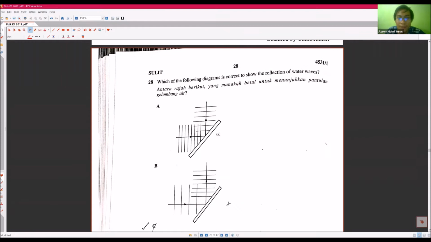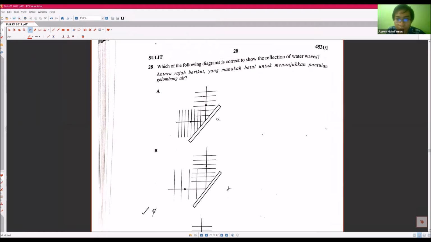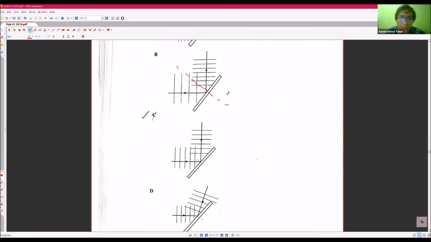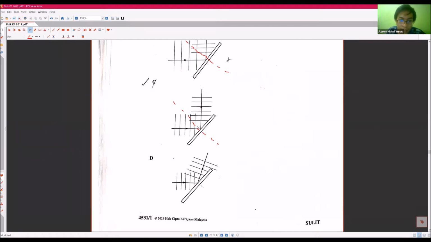Which of the following diagrams is correct to show the reflection of water waves? So this is wave reflection. Okay, so if we draw the normal line for each diagram, we can see any subtle differences that can arise from each diagram.